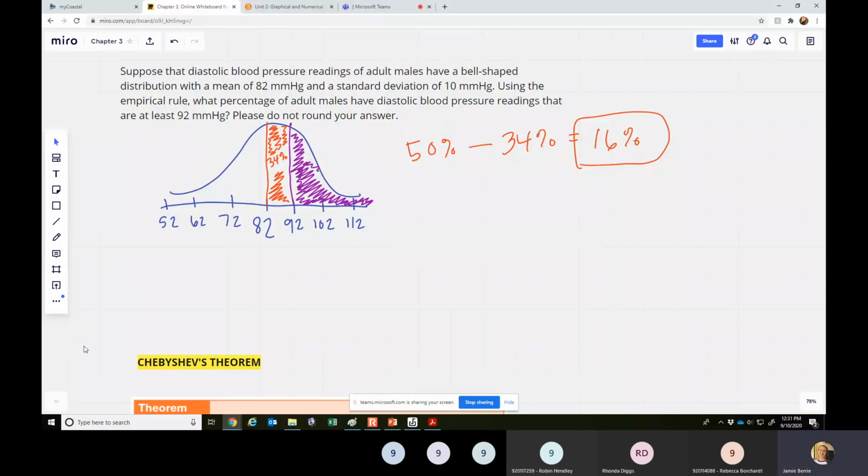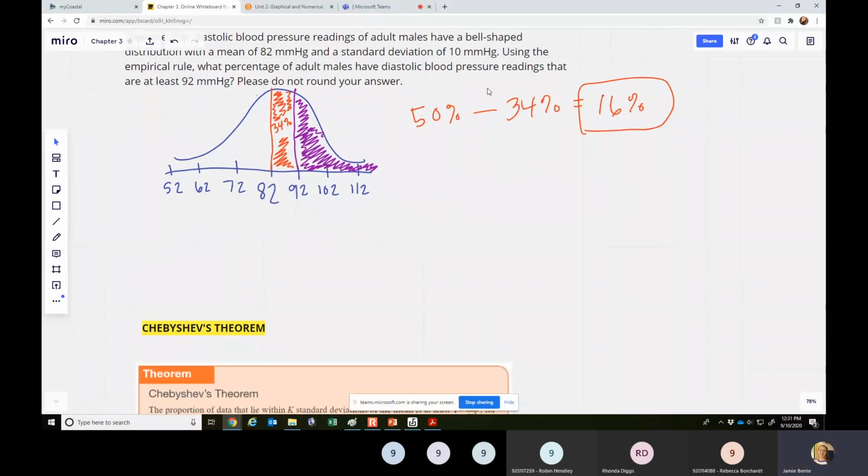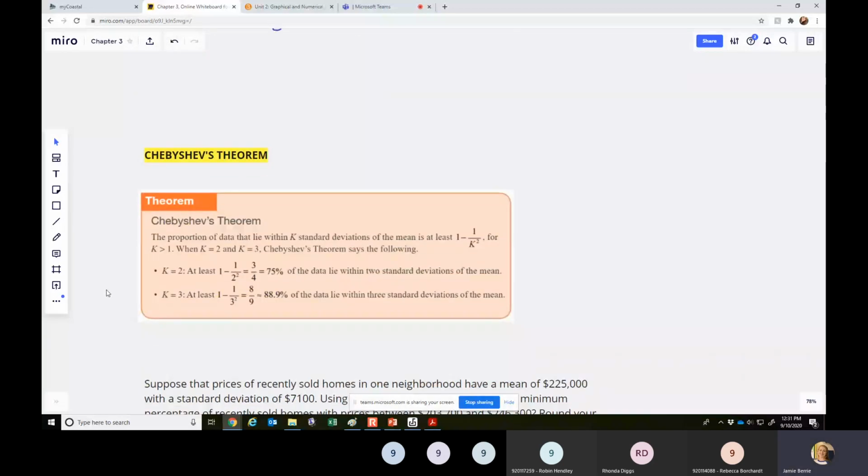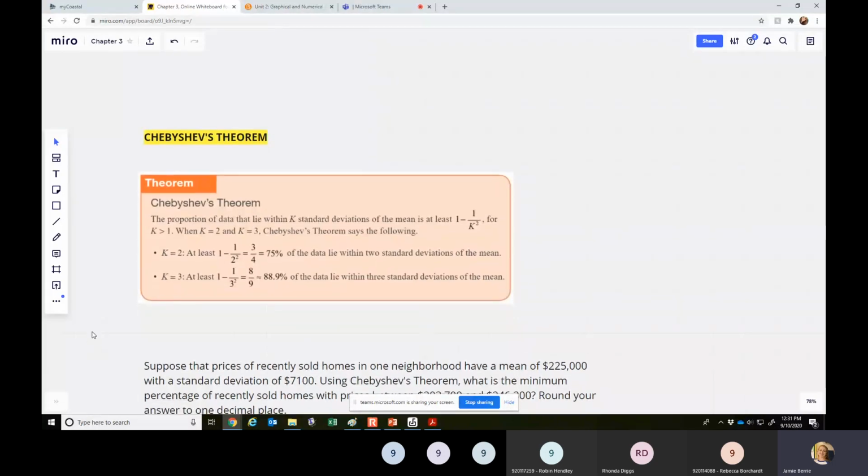Now let's talk about what you do if you have a question like this where you're trying to figure out what percentage of adult males, or whatever you're looking at, have a certain value, but you don't know if it's bell-shaped or not. Then you have to use what's called Chebyshev's theorem.